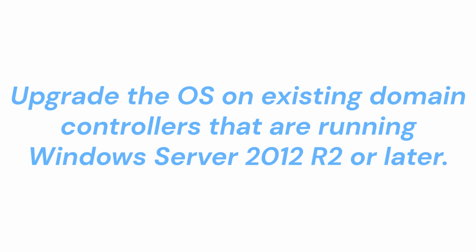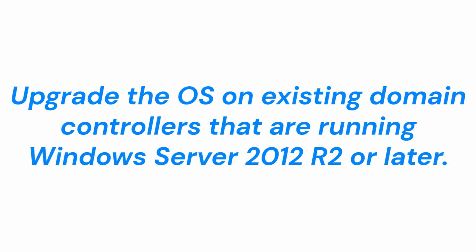Upgrade domain controllers from the previous version. The process for upgrading a domain controller is the same for any version of Windows Server, starting with Windows Server 2012 R2 through Windows Server 2025. You can upgrade to a Windows Server 2025 domain using either of the following methods.